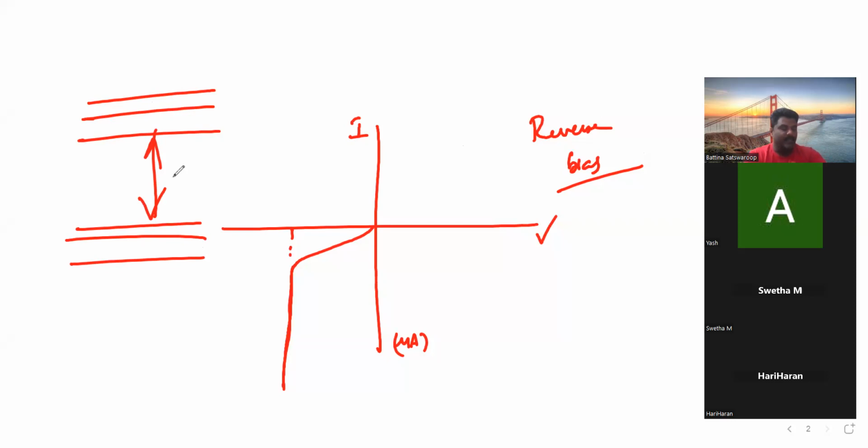Check that. Another thing is how these will behave at 0 Kelvin temperature and at 300 Kelvin normal temperature. Refer to the energy band diagram for an intrinsic semiconductor once. That's all, not difficult. There will also be N type and P type energy bands, have a look at them.